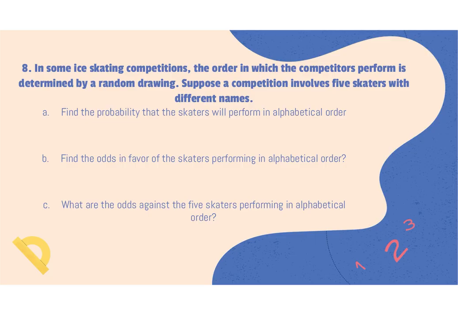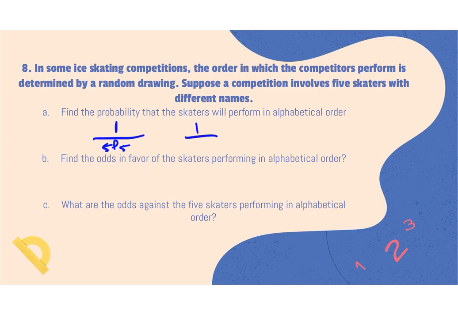So if we have an ice skating competition, the order in which competitors perform is determined by random drawing. What is the probability that these skaters will perform in alphabetical order? Well, there's only one way that's going to happen. There's only one order that is alphabetical, out of 5 choose 5.